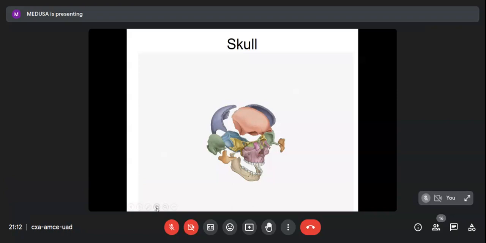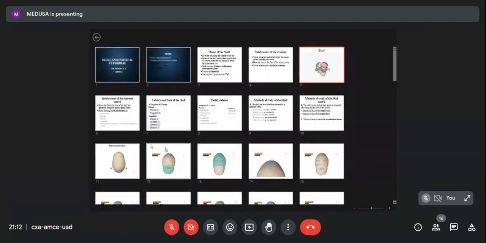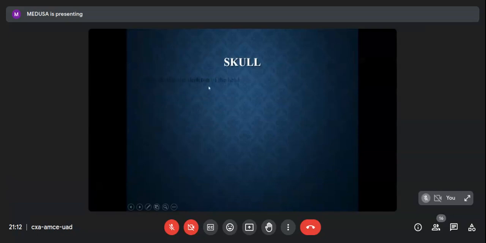We have the cranium part, the facial part, and probably to add the mandible in the picture. But really, this time around, the mandible is not very important, but it will be important as soon as we go.